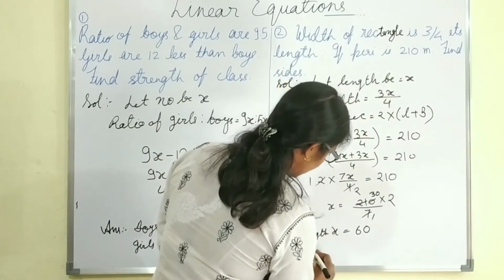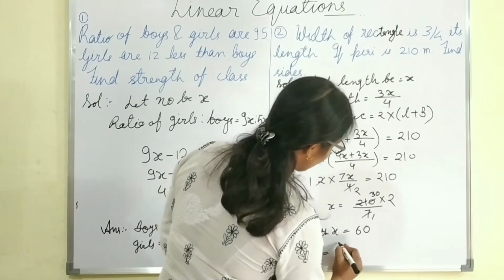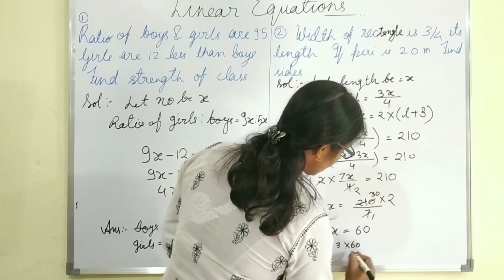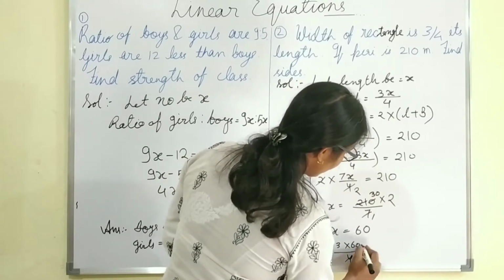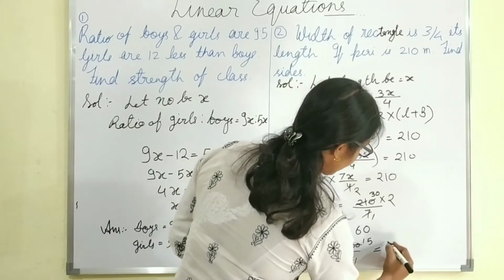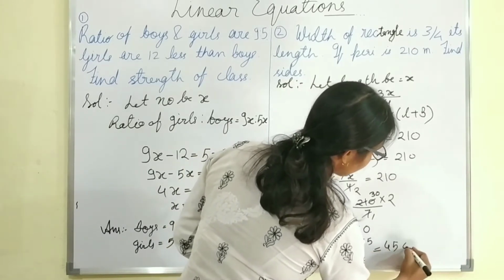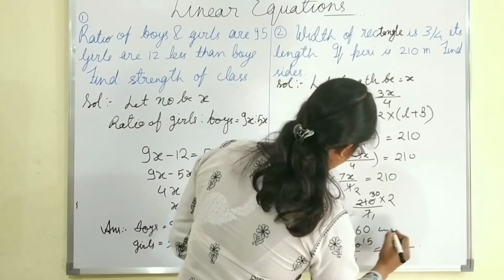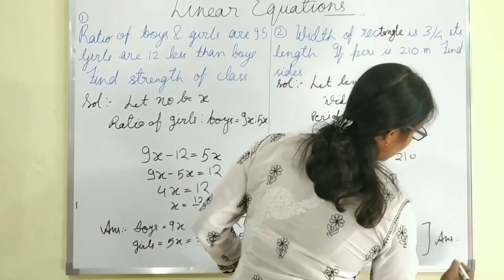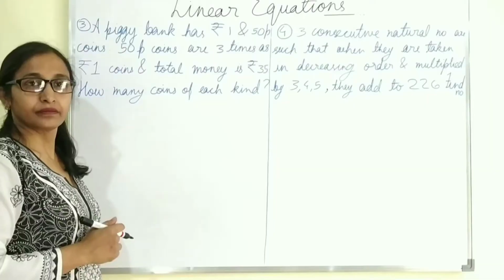So breadth will be 3x upon 4, which means 3 into 60 upon 4. 4 ones are 4, 4 fives are 20, 15 threes are 45 centimeter. So these two are our answer.